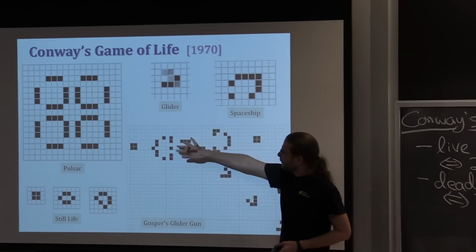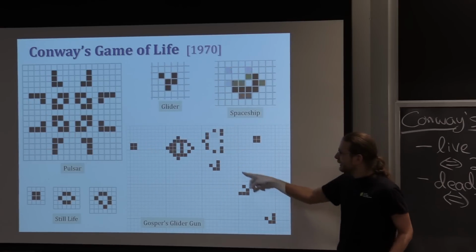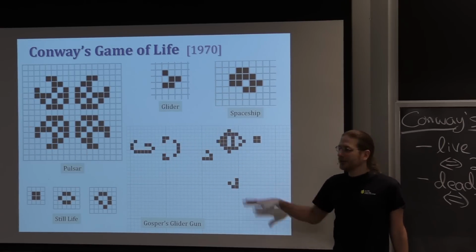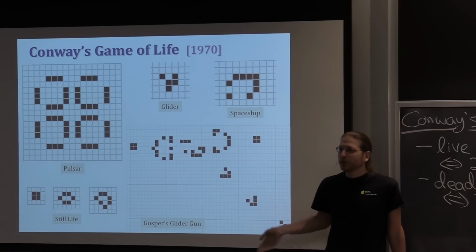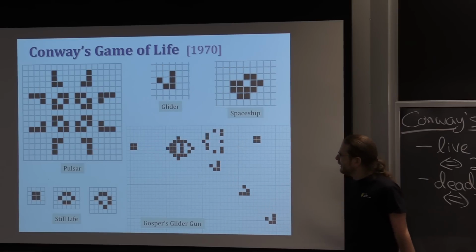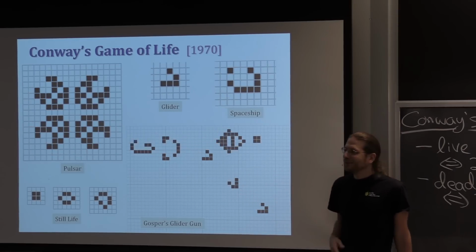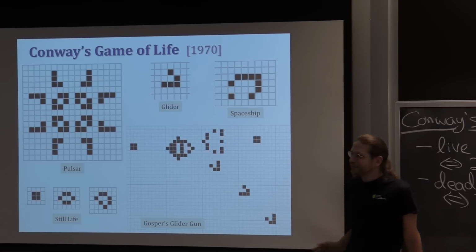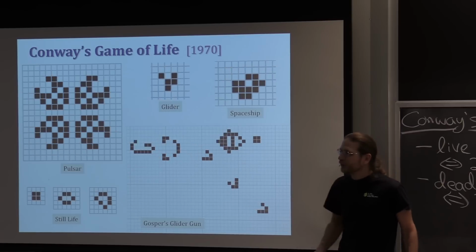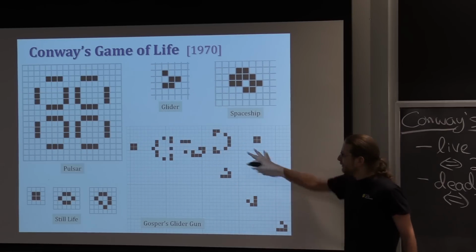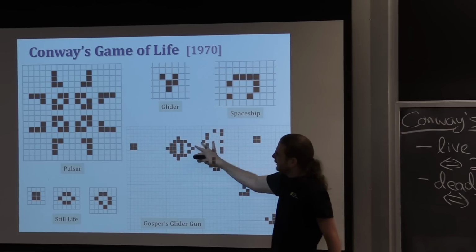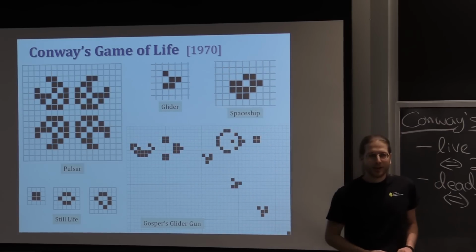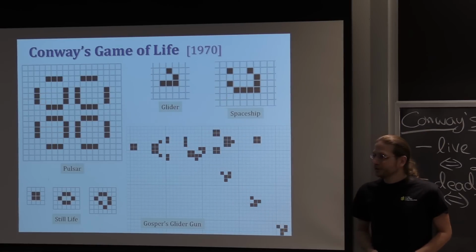It's this construction up here, and it creates gliders, and so they just go off to infinity, and you just keep making more and more and more of them. So in some infinite sense, this thing is periodic, I guess. But at any finite time, you have maybe n of these coming out, and you just keep making more and more. Gliders and glider guns are the key things you should know about for hardness proofs.